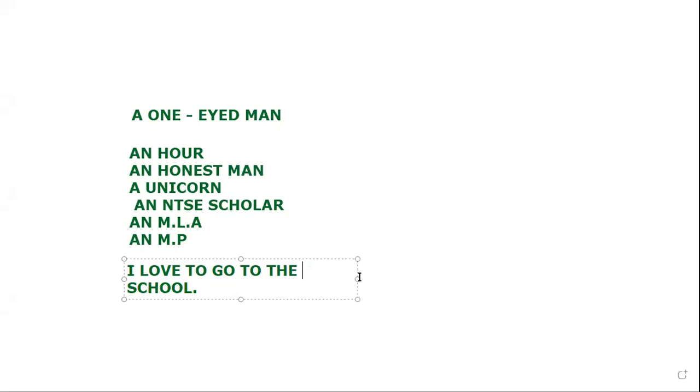Why not? Because going to school is a regular routine for you. It's a regular activity for you. So you don't want to make use of the here at all, because it's the usual place where you go. So in that case, you don't want to mention the school.